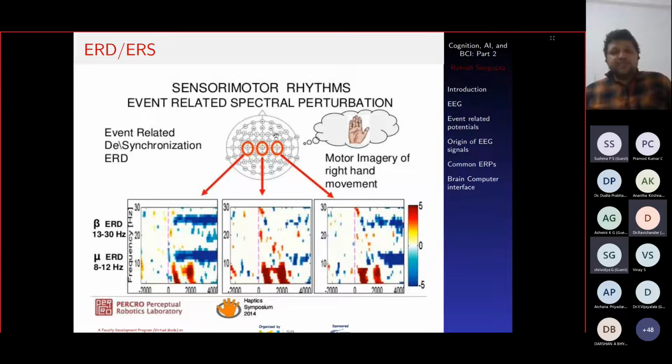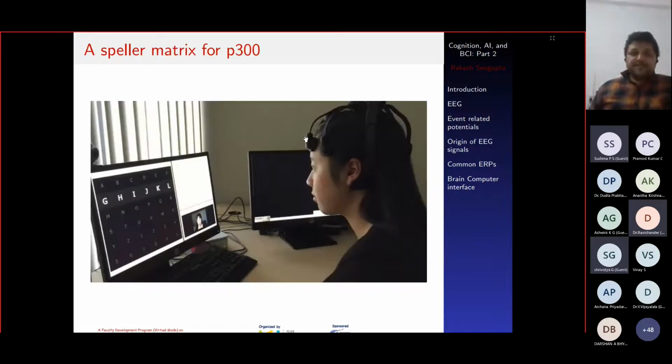If you think about moving your right hand or left hand or right foot, that can be obtained from these EEG signals and used for a very effective brain-computer interface technology. Mind you, this is not motion sensing; you are basically thinking about moving your arm without actually moving it.